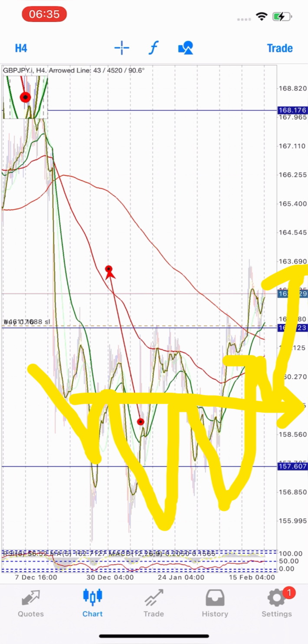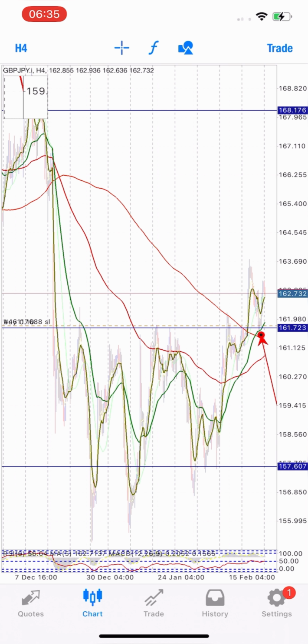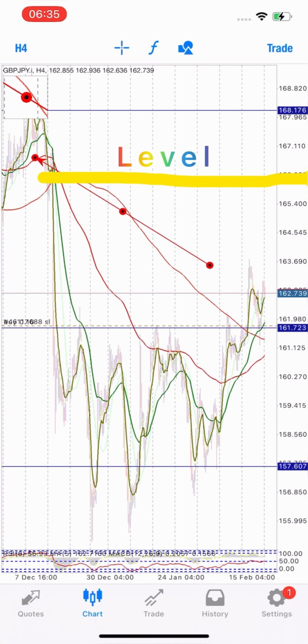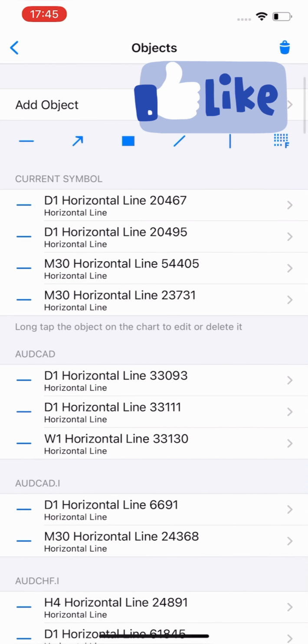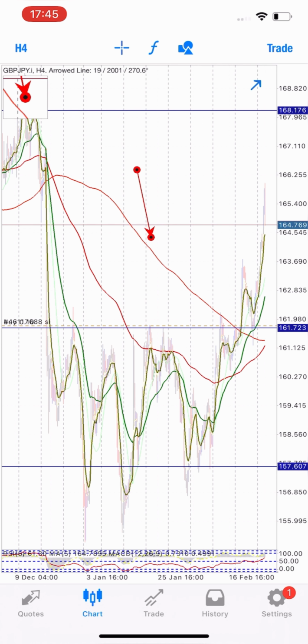This is another pattern. At least for this, we should swing up to this level. So we are at that level right now. It's simple to swing with pattern. Very simple.